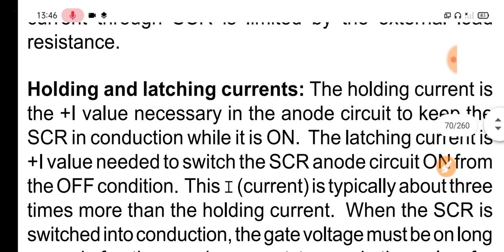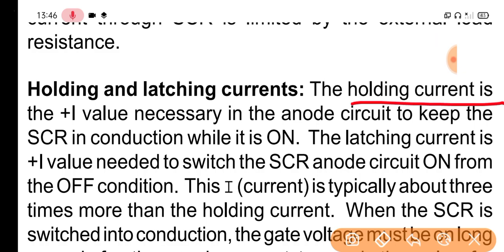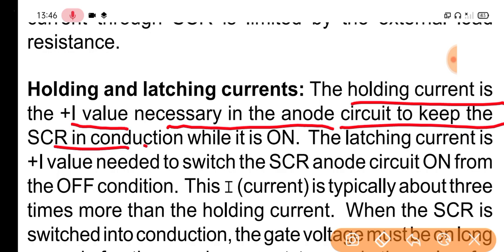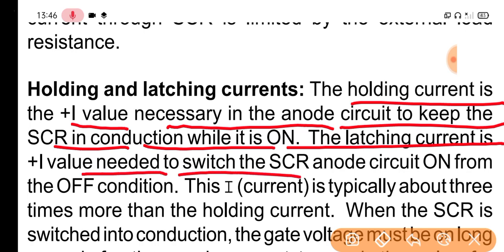Holding and latching current. The holding current is that value of current necessary in the anode circuit to keep the SCR in conduction while it is on. The latching current is the value needed to switch the SCR anode circuit on from the off condition.